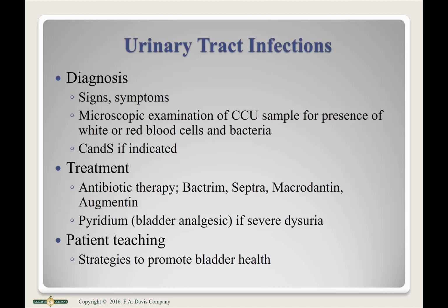If they have recurrent urinary tract infections and we've treated them with this and they've come back, then we'll probably do a culture and sensitivity to see specifically what they're growing in there. Maybe it's something different than the common, and we may need another antibiotic therapy.